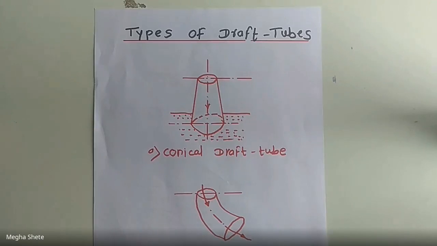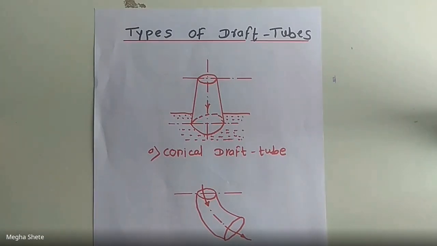Also, without a draft tube, the kinetic energy, that is V2 square divided by 2g, rejected at the outlet of the runner, will go to waste in the tail race. This was the introduction regarding the draft tube.